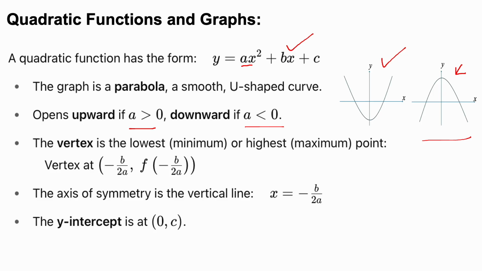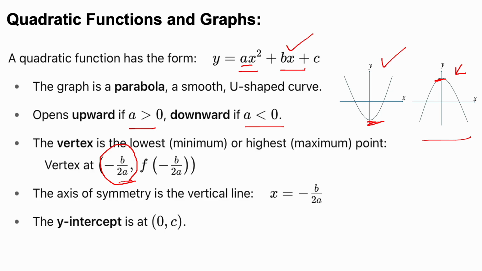The vertex is the lowest or highest point. It is like the tip of the parabola, and you can find it at x = -b/2a. So this point here is the vertex, and from this equation, if you can find the values of a and b, you can find the position of this vertex as far as the x coordinate is concerned.